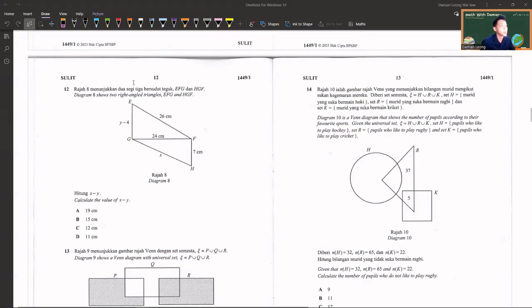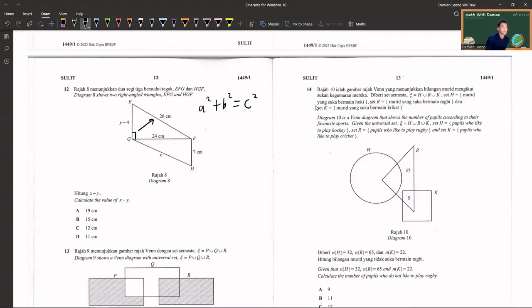So question 12, the diagram shows two right angled triangles, EFG and HGF. Whenever we see a right angled triangle, with the lengths of its sides, we use Pythagoras theorem, which is a square plus b square equals c square. c is always the hypotenuse, which is opposite the right angle.